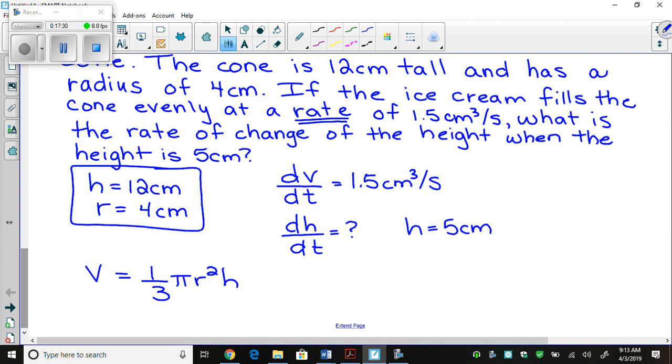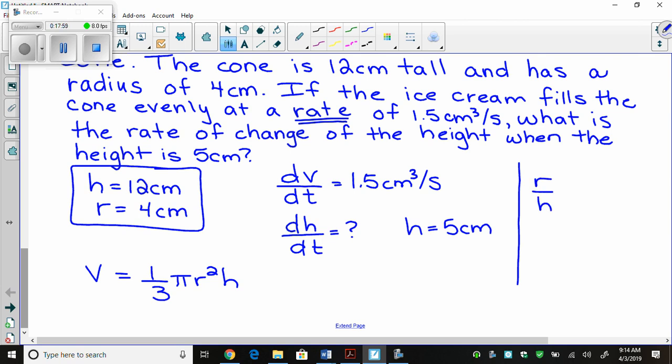They did, however, give us h and r, the height of the cone and the radius of the cone, which is an actual dimension between the two, comparable to each other. So if they give you the actual object's height and radius, you can do a ratio of the two. We're going to go r over h, or you could do h over r.